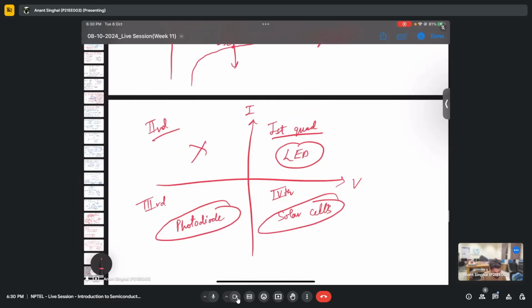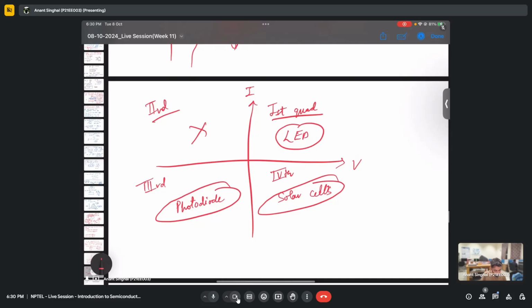So what's the actual difference between a photodiode and a solar cell? Because in both we are shining photons on the semiconductor. Give me a moment. For the photodiode, I have written somewhere.